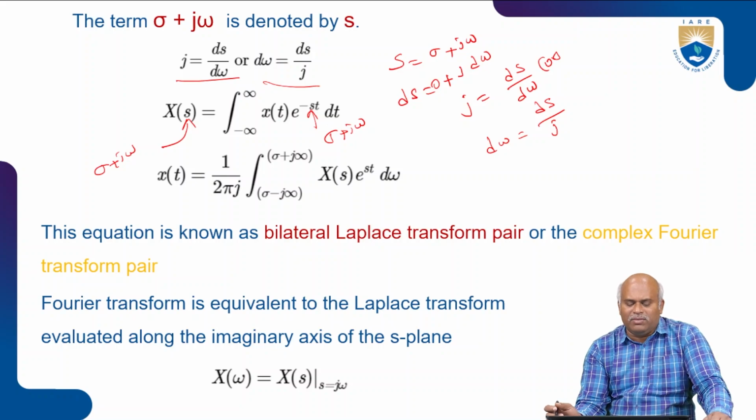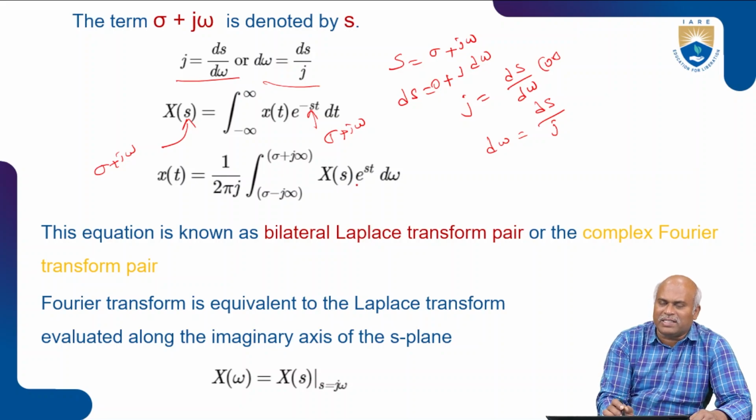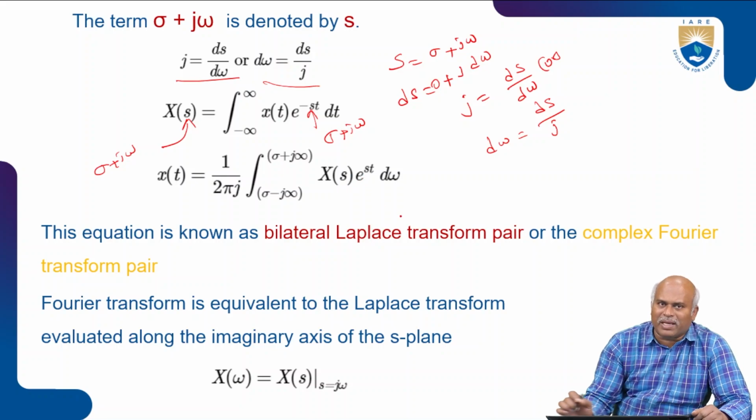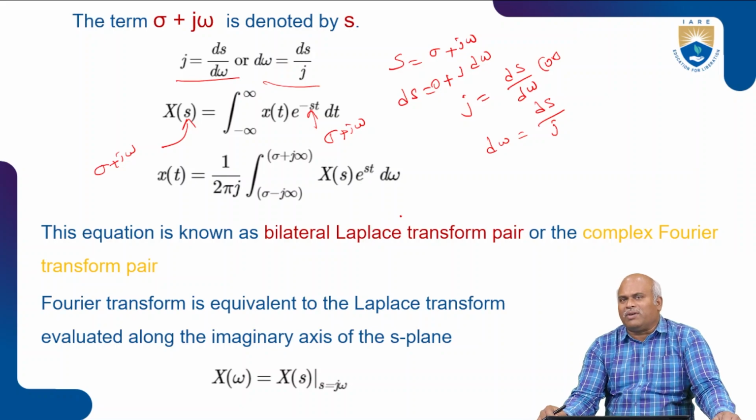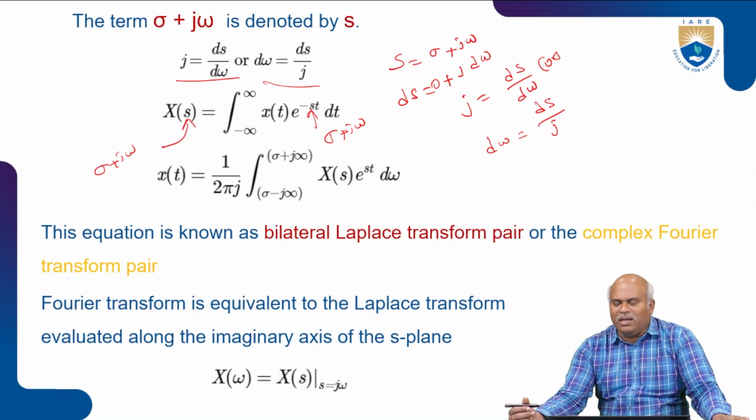Now the inverse transform condition: x(t) is equal to 1 by 2 pi j, integration from sigma minus j infinity to sigma plus j infinity of X(s) e^(st) ds. This equation is known as the bilateral Laplace transform pair, or the complex Fourier transform pair.